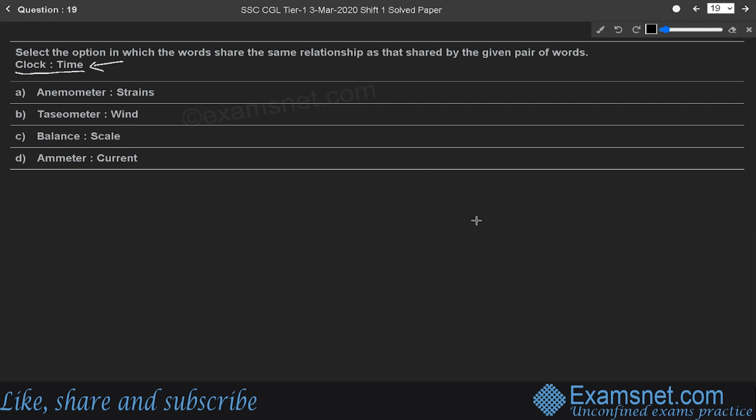So we have to find the words that have a relationship with each other, and if any of the pairs do not have a relationship with each other in any way, then that pair is not correct. So let us go through all the pairs one by one. First option is anemometer and strains.